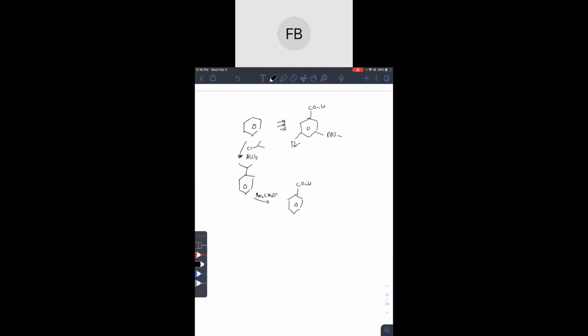Yeah, I think that would work. This one is maybe a little tricky. Sometimes the decision to go from one to the other is a little bit more murky. But I think I'm going to go for the directing effect over here, more likely. So I'm going to do my NO2 first.